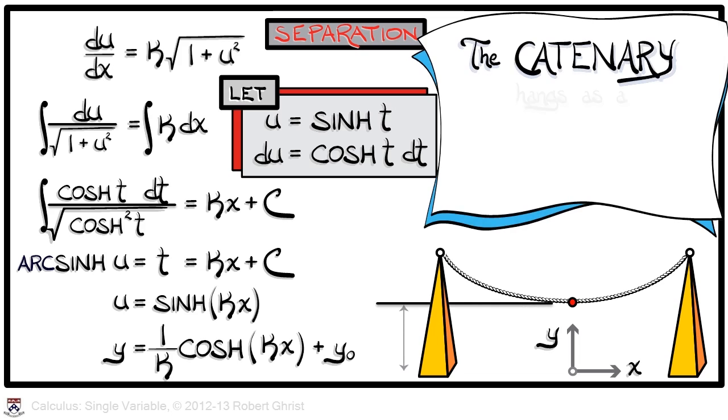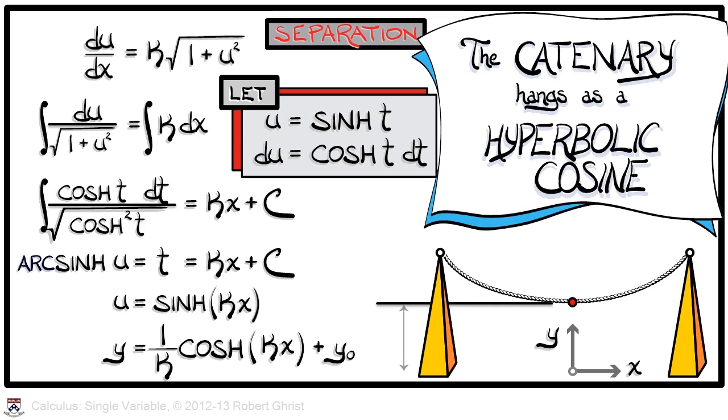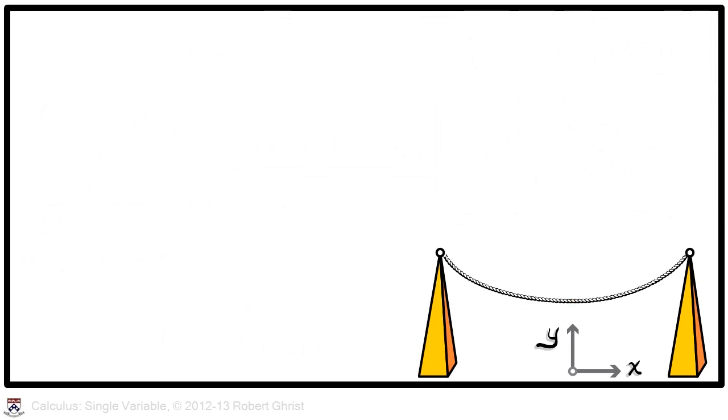Why not? That would be how high off the ground the bottom hangs. All this tells us the wonderful fact that the catenary hangs as a hyperbolic cosine. That is the shape of a hanging cable or chain.